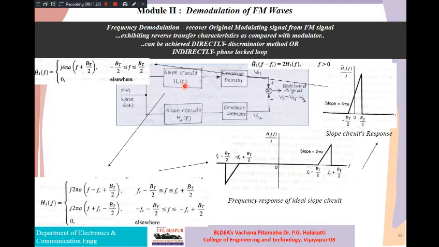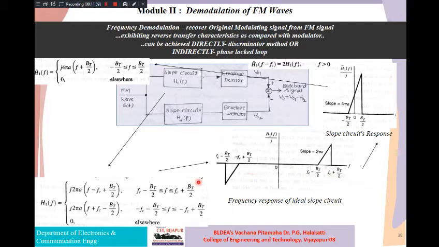We first defined mathematically with the help of this graph here: the frequency response of the ideal slope circuit will have two slopes with the value 2 pi a, symmetrically arranged on either side of the h1 of f by j axis, having bandwidth of Bt.